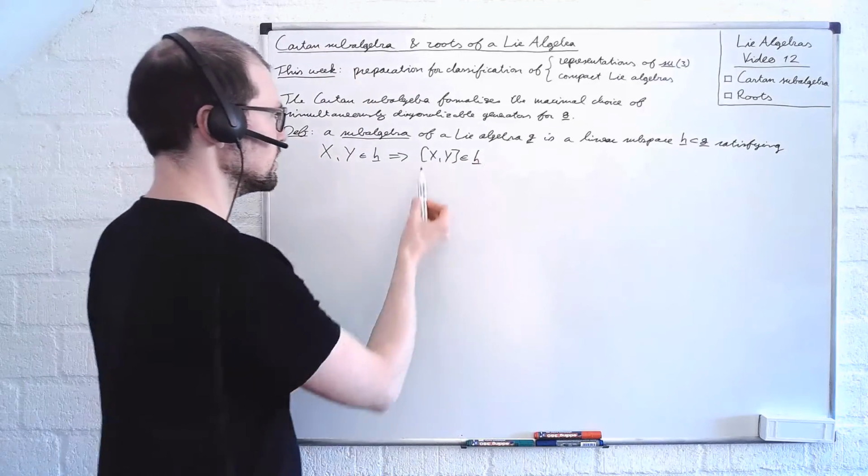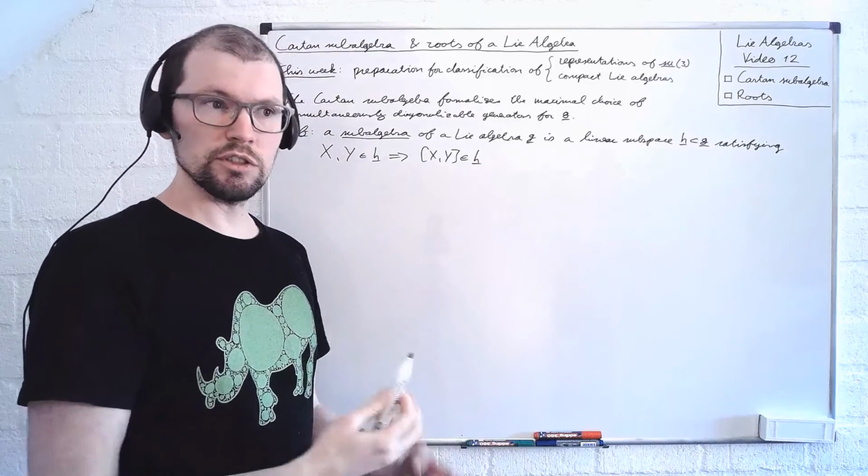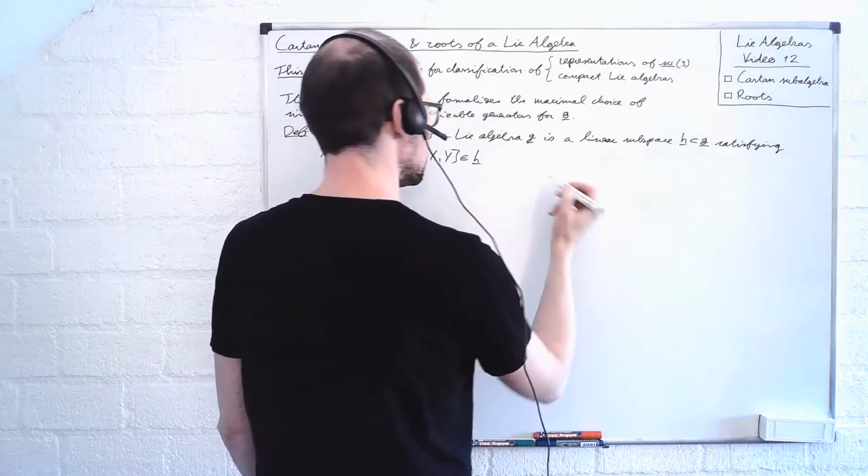So it's saying that the Lie bracket closes on this subspace of generators.